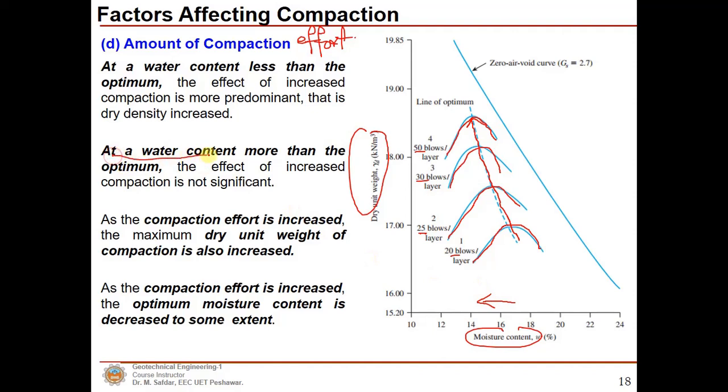Now at a water content less than the optimum, the effect of increased compaction is more predominant, that is, the dry density increased.